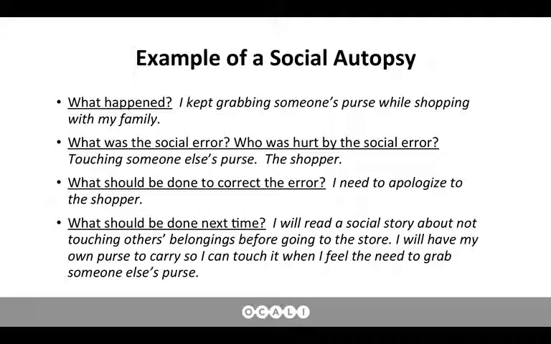The social autopsy breaks down the social situation into the steps of what happened and why the social behavior was not appropriate. This may be a tough step for the individual to identify without some help. Knowing what to do to fix what happened gives a way to better feel about it. Talking about what should happen next time gives a different way to think about the social behavior.